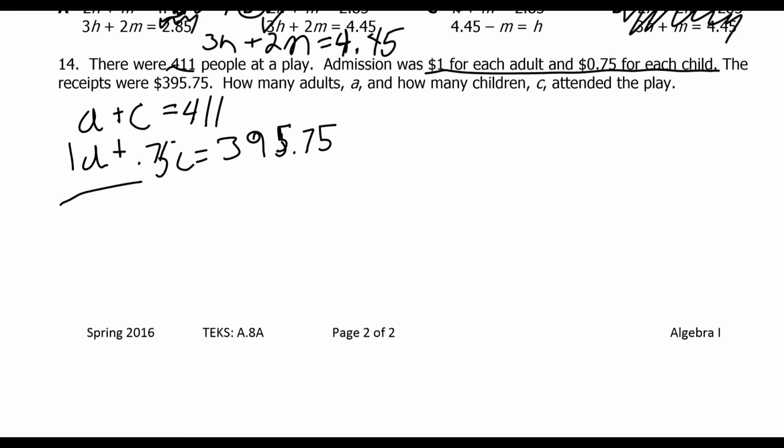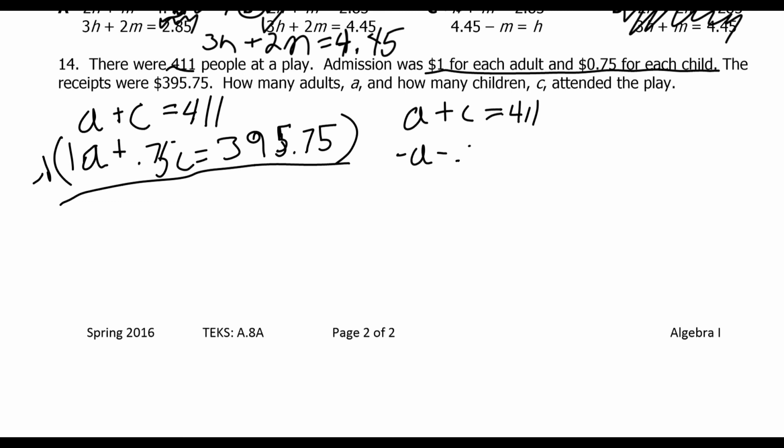So our new system is going to be A plus C equals 411, and then that's going to give us negative A minus 0.75C equals negative 395.75.